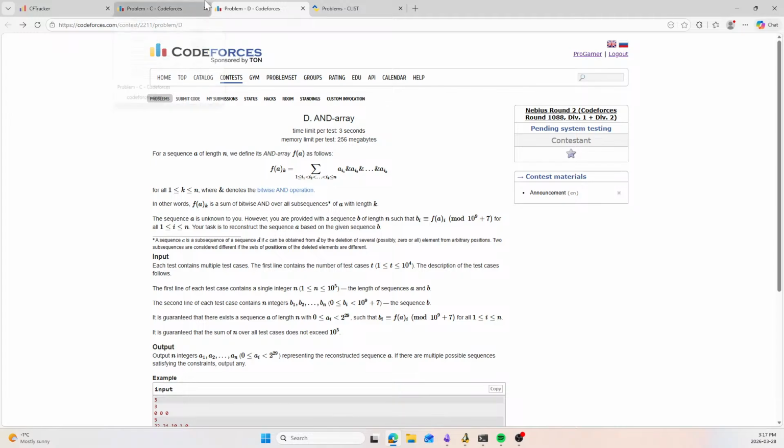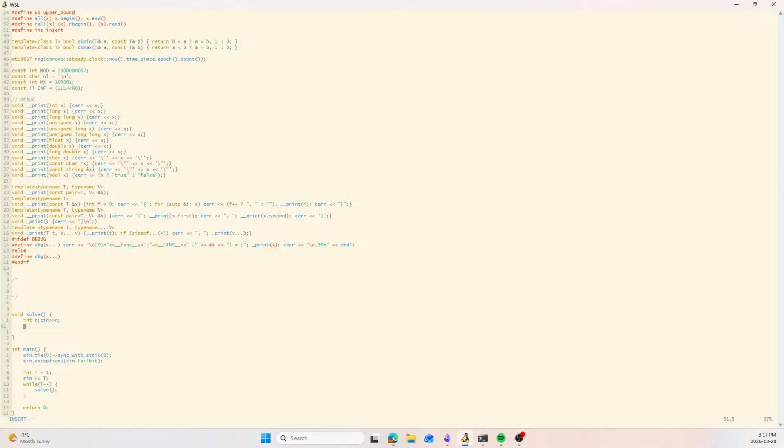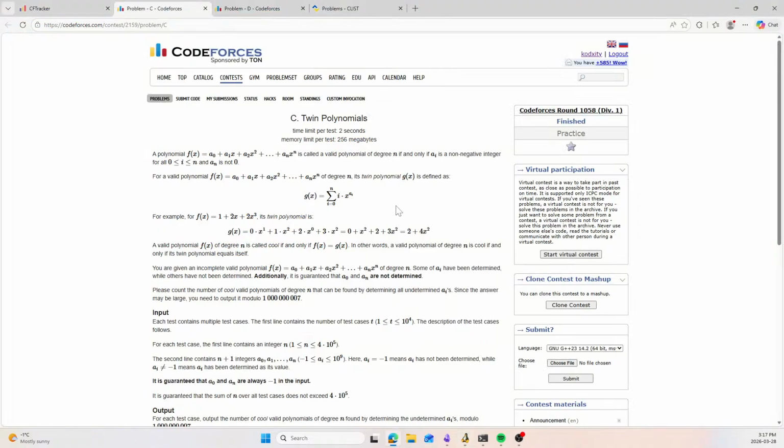All right, let's see. Okay, for a valid polynomial, its twin polynomial is defined as this, and it is good if f of x is equal to g of x. So what does that actually mean?